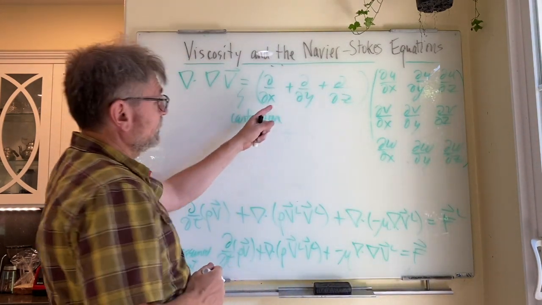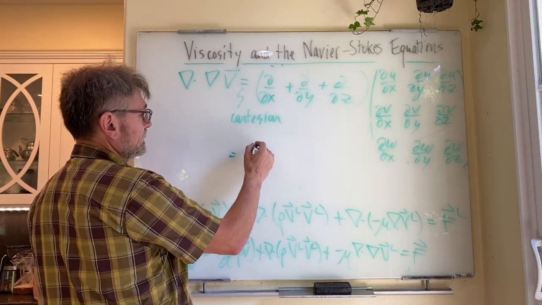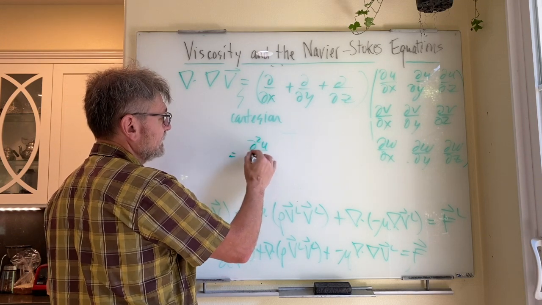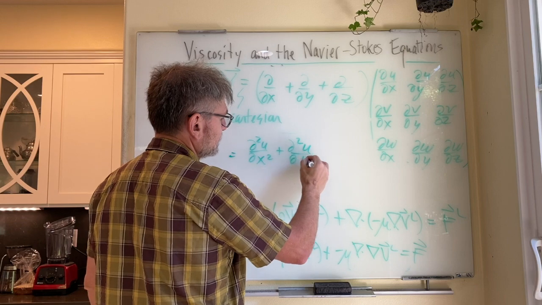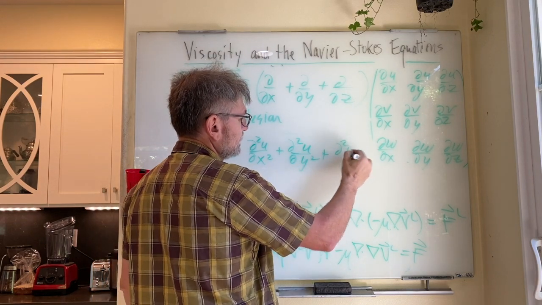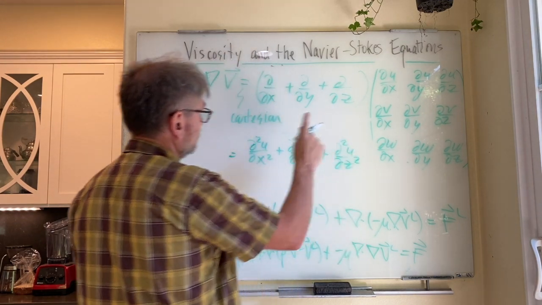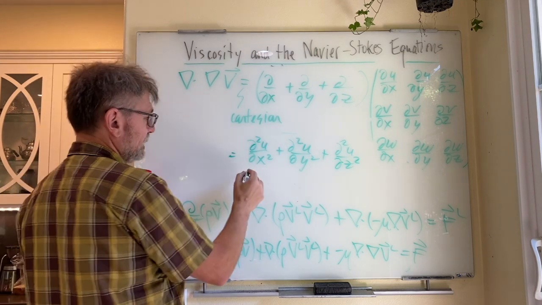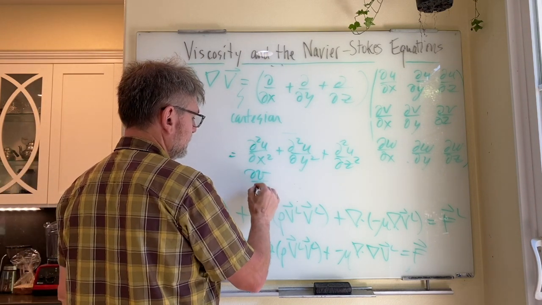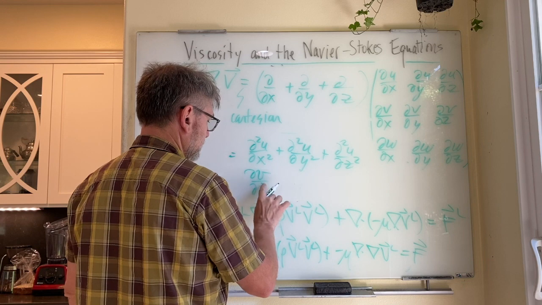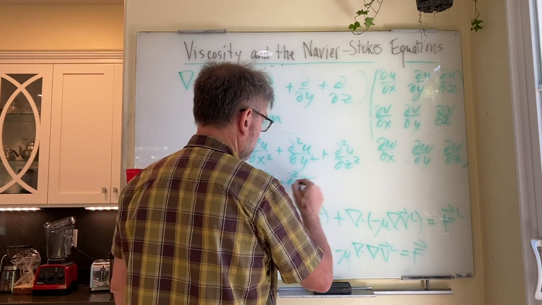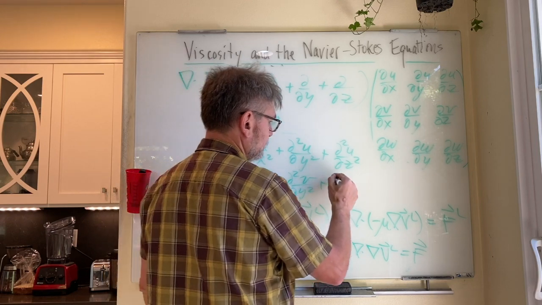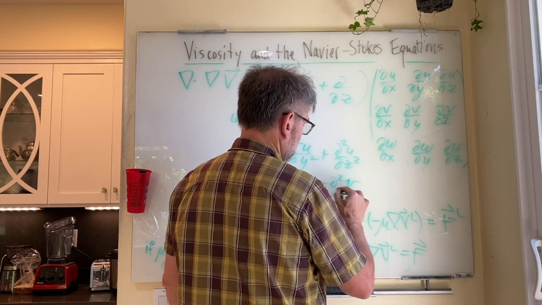And now if I take the divergence of each of those terms, what I get is d2u dx squared plus d2u dy squared plus d2u dz squared. That becomes the first component of this expression. The second component is d2v dx squared plus d2v dy squared plus d2v dz squared.